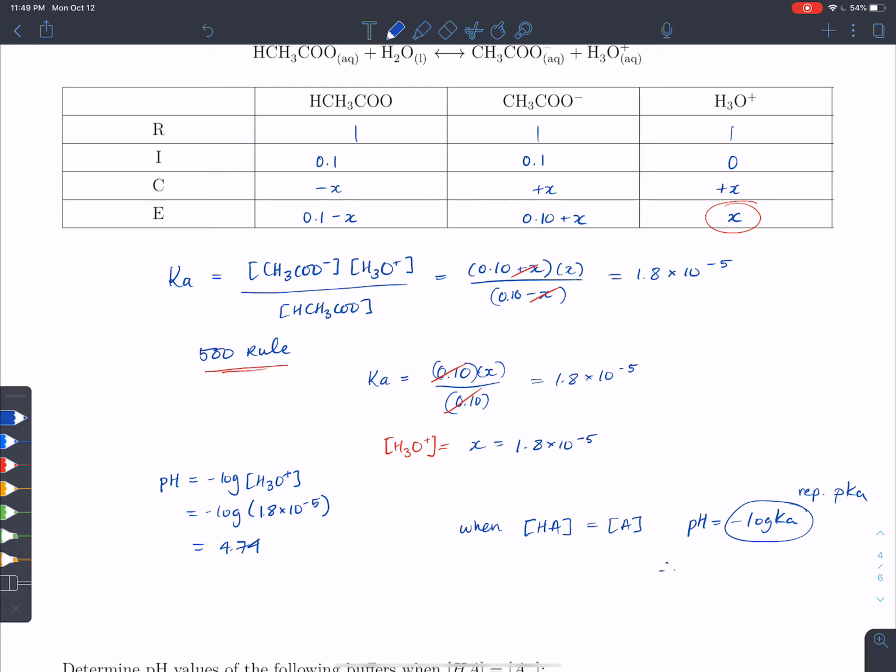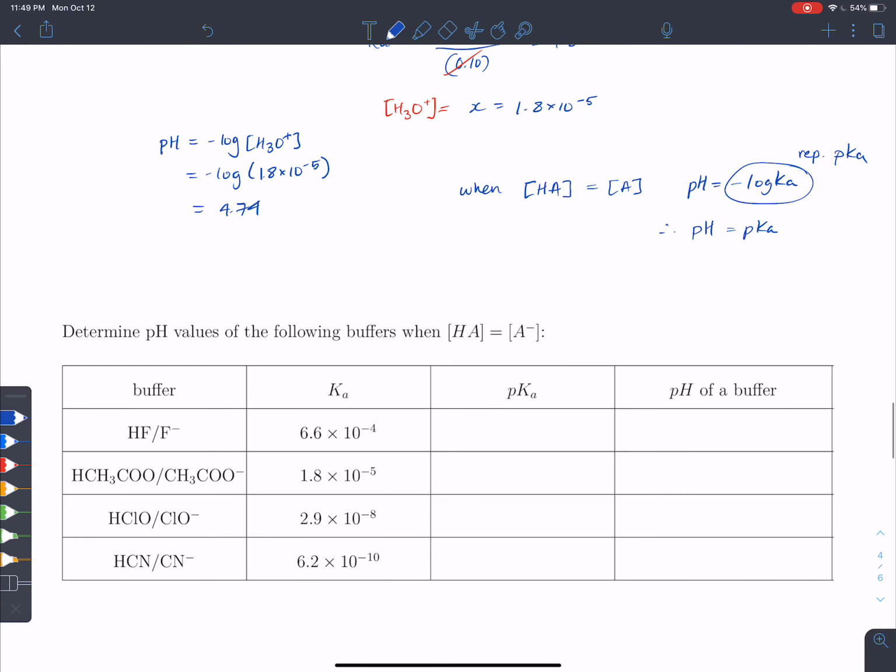So therefore, the pH is also equal to the pKa. Okay, so that brings us to this next part: we can actually determine the pH values of buffers when the concentrations of our acid and our base are equal.